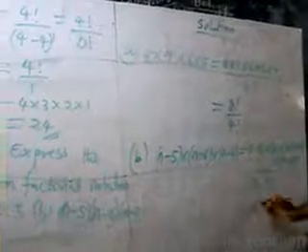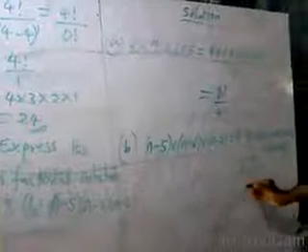So at the end of the day, what you are going to have is n minus 5 factorial all over n minus 8 factorial. So that is that. Example 4. You can still have it in this way.